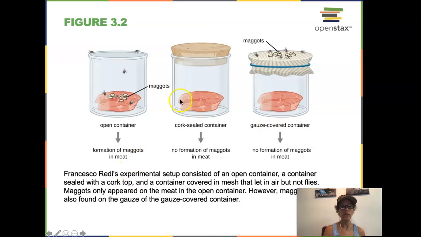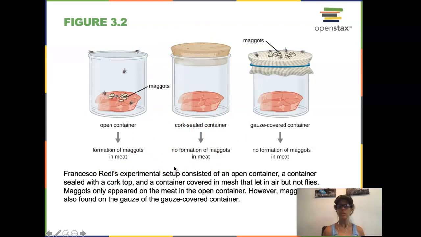So one of the early thoughts was that flies, or maggots, came from meat. Not that they landed on it, but that the meat actually produced those. So if you leave meat in an open container, yeah, flies land on it, they lay eggs. Baby flies are actually maggots, and that clearly happens. And Dr. Redi put a cork in there, and no maggots.